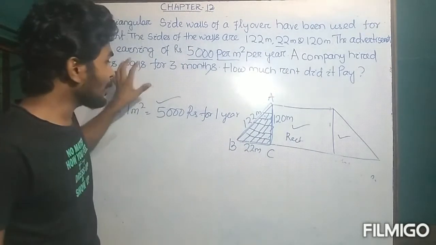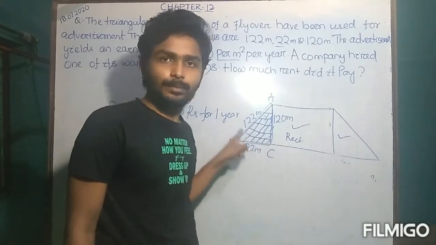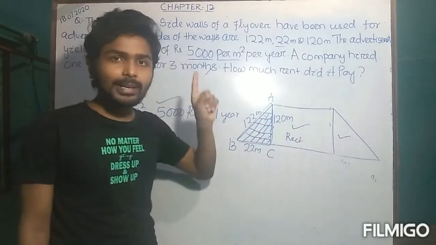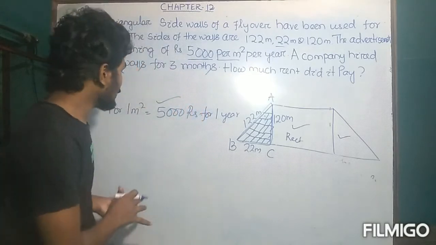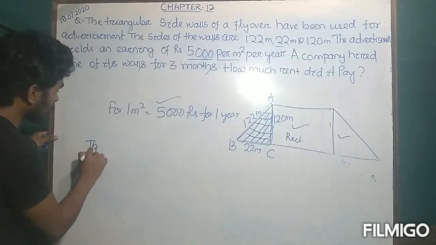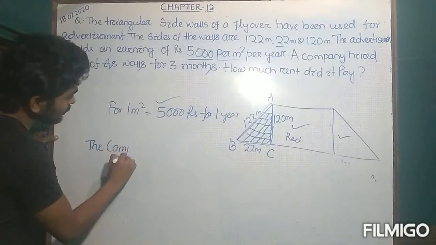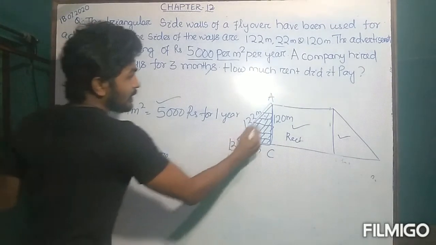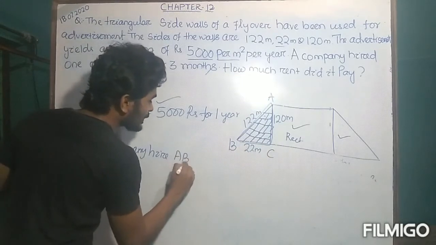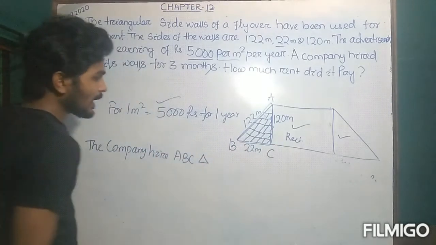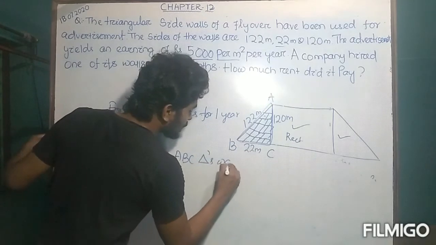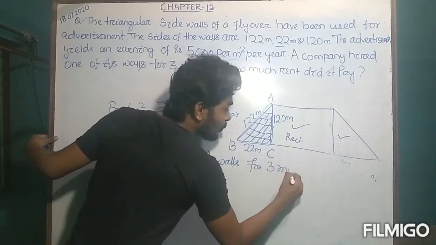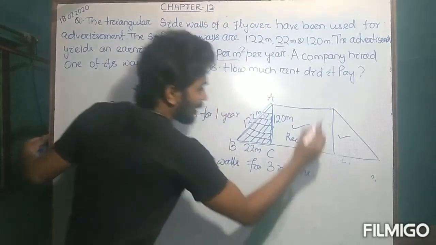Here it is. The company hired this wall for 3 months, not for 1 year, for 3 months. So I am writing this: the company hired this wall, the triangular ABC wall, for 3 months, not for 1 year.